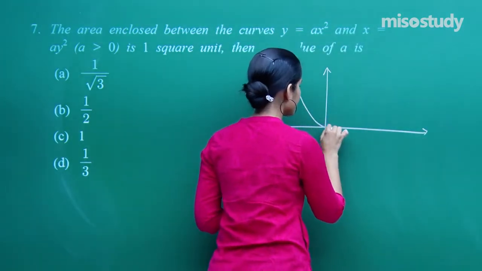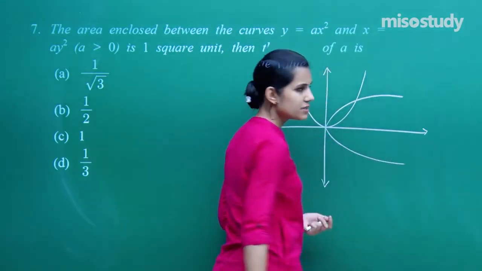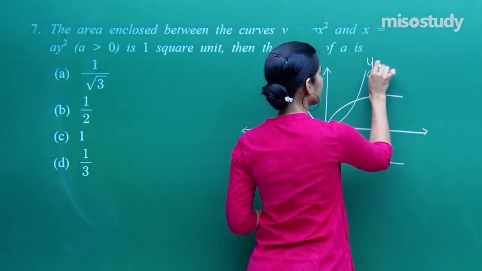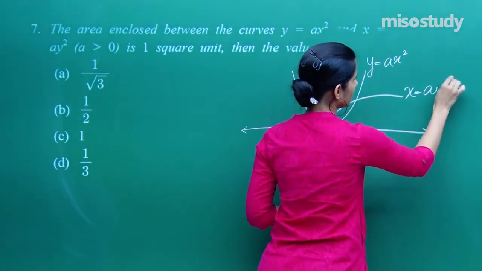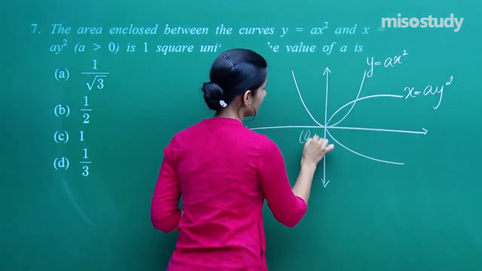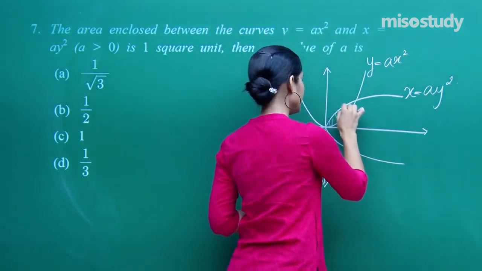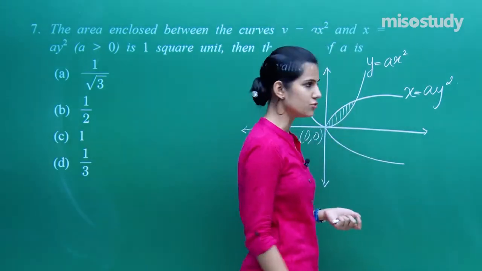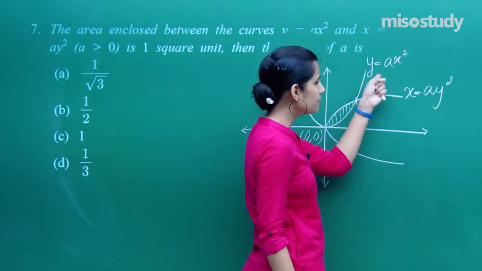This is y equals ax square and this is x equals ay square. Now you need to find this, or not find this, actually this is given to you.